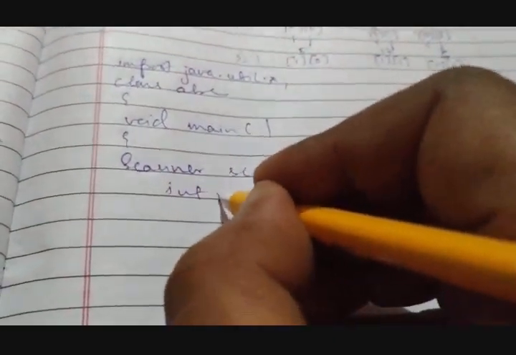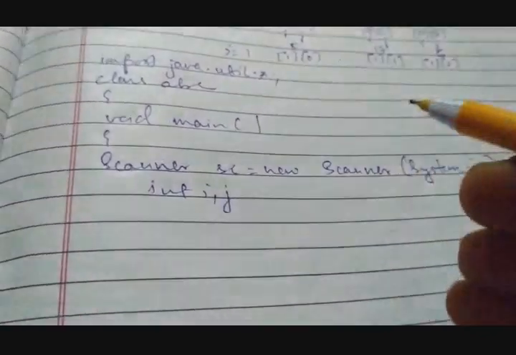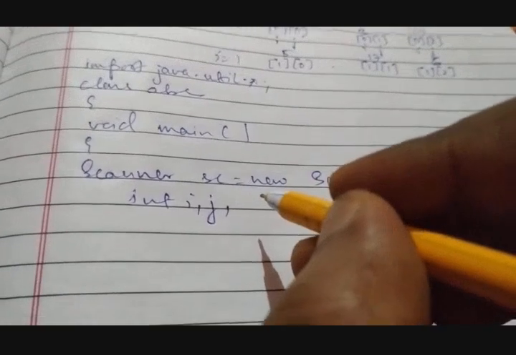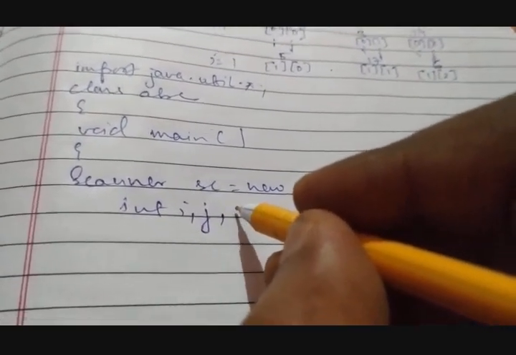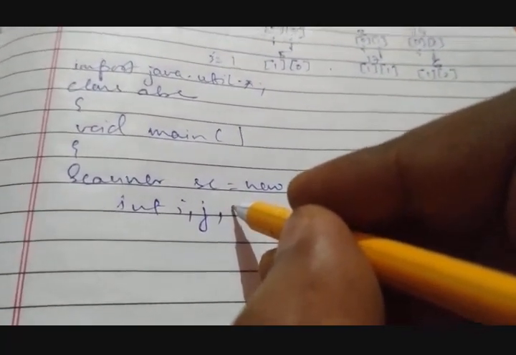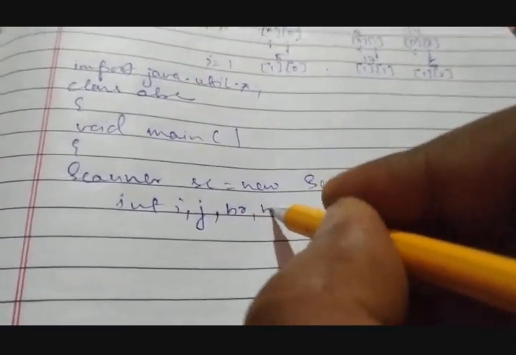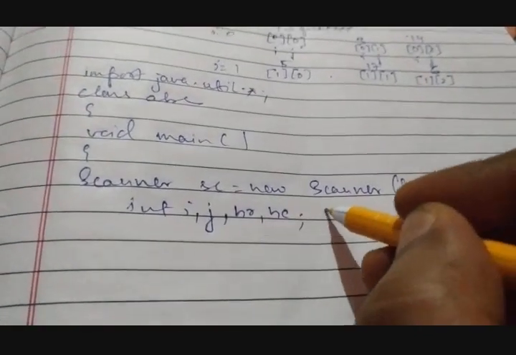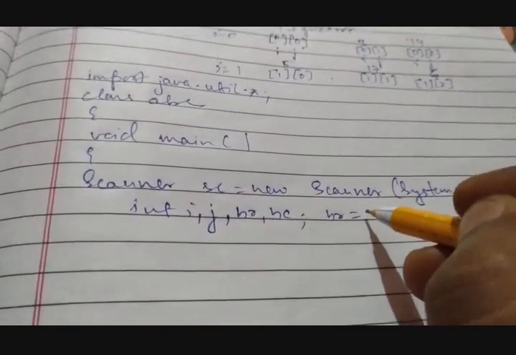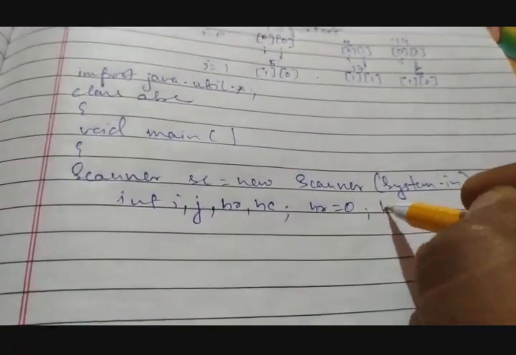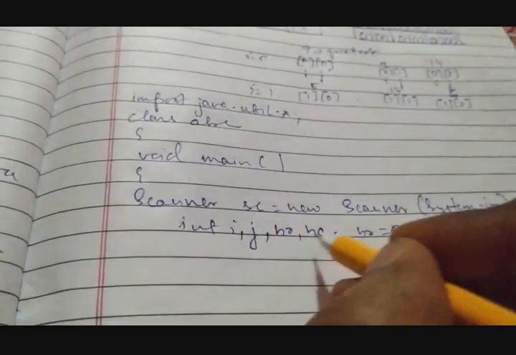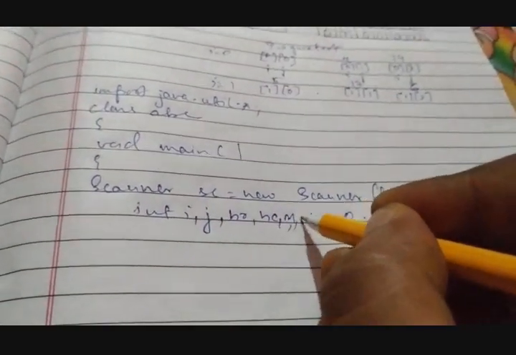Require int i, j, and you require highest row, highest column. Is it? What is it? HR = 0, highest column HC = 0, and m and n.